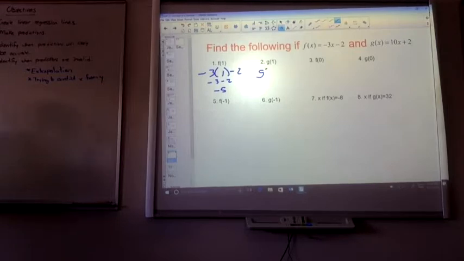Oops, I don't want that. So I'm going to use this other equation over here. I'm going to go 10 times 1 plus 2. Which function do I use here? F. Which function do I use here?